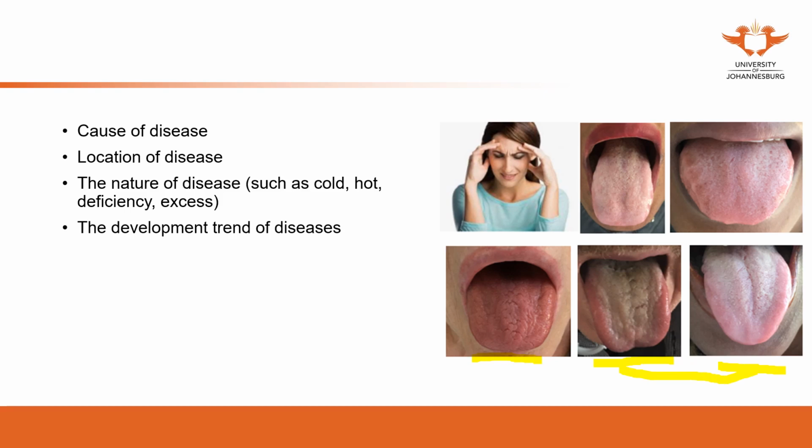Why was the coating white here and slightly yellow here? What can be indicated behind these signs? It's from syndrome differentiation. So after you study syndrome differentiation, you will understand what happened here and how to treat this.